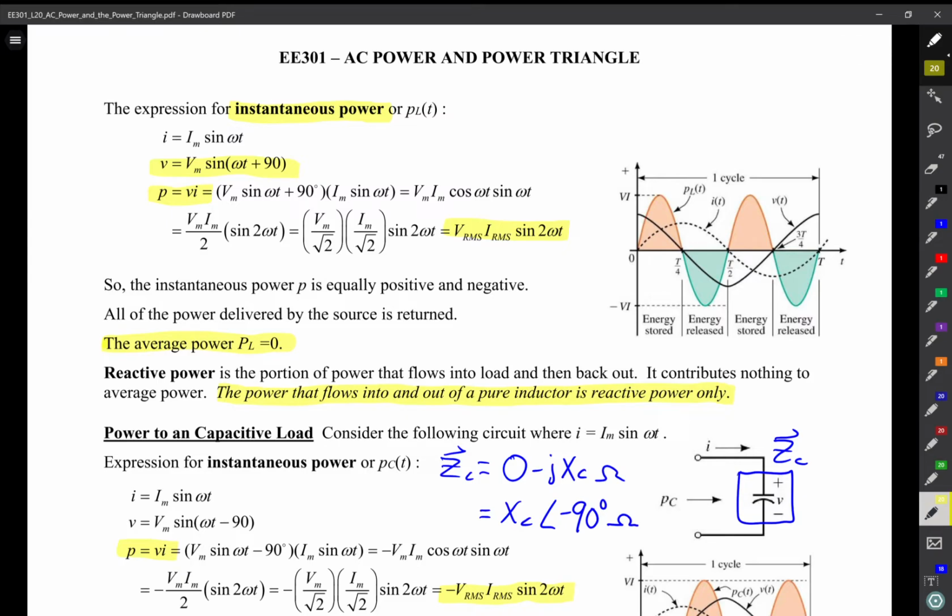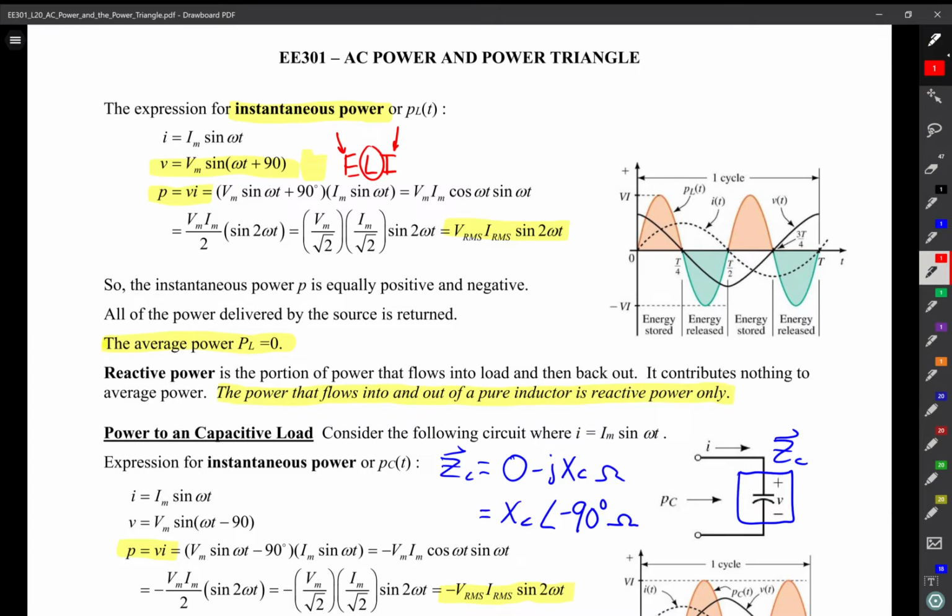Well, again, if we recall that in an inductive circuit, we have a phase shift of 90 degrees. Again, why is that? Because if I use the mnemonic ELI, we say that voltage leads the current in an inductive circuit.